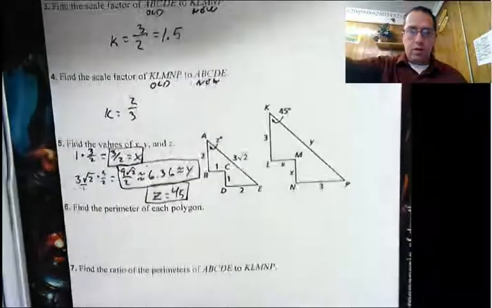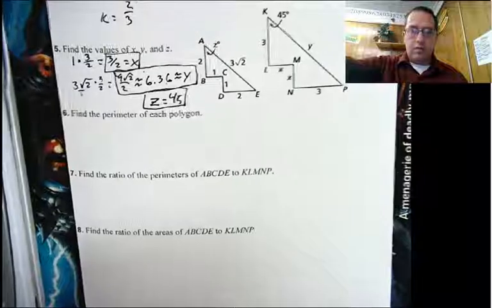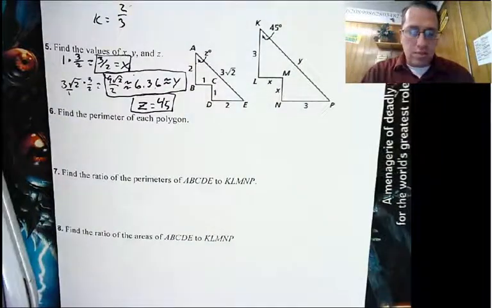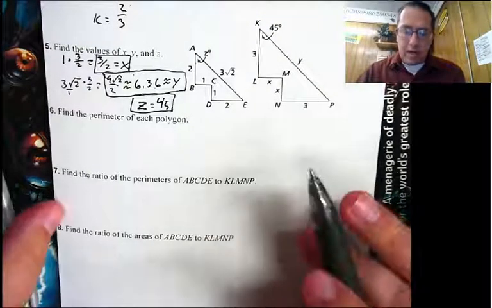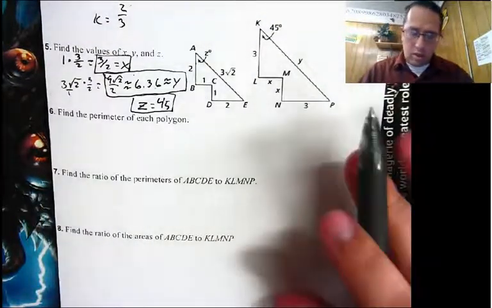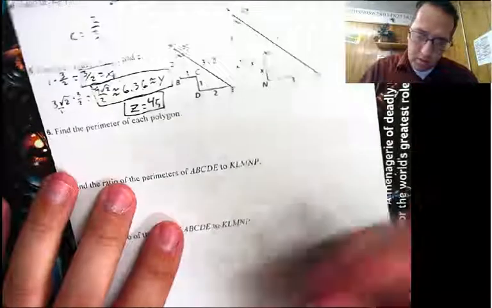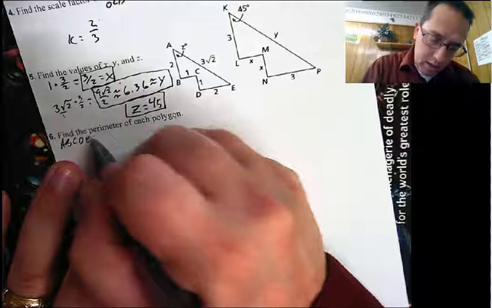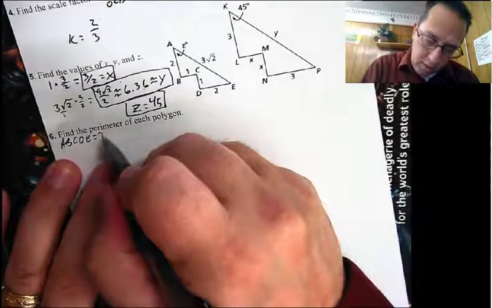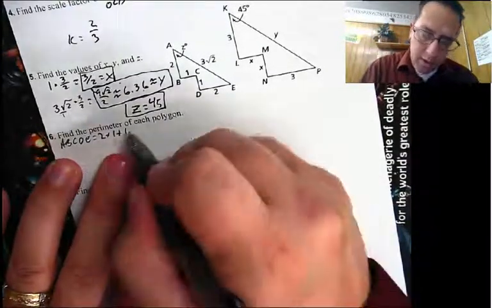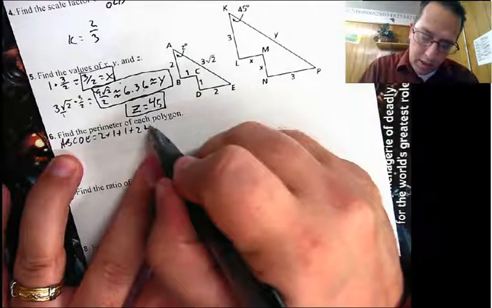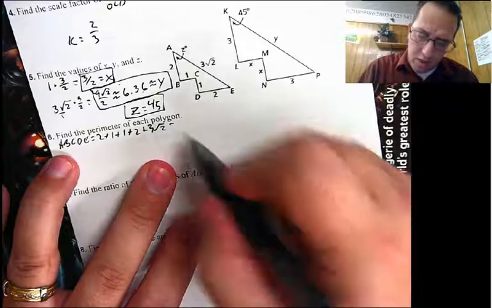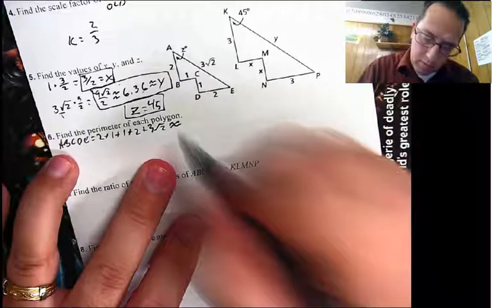Now, what we need to do next is to find the perimeter of each polygon. So to find the perimeter of each polygon, we're just going to add up the sides. That's all we're going to do. So we'll start with ABCDE. We have 2 plus 1 plus 1 plus 2 plus 3 square roots of 2, which we're going to go ahead and get as an actual decimal answer.